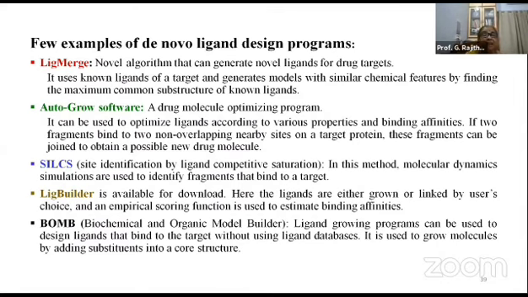LigMerge, AutoGrow, SLICS, Link Builder, and BOMB. These are the software because we have to build in the binding cavity. For that, we have to either link the ligands or chemical entities, or build the molecules by connecting.